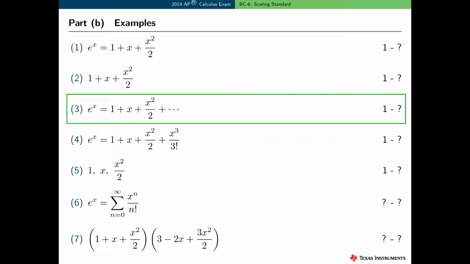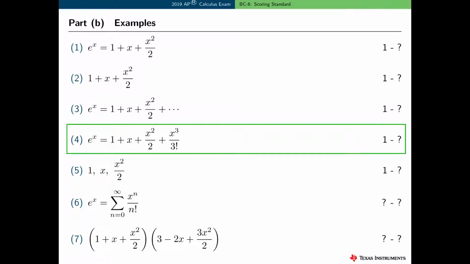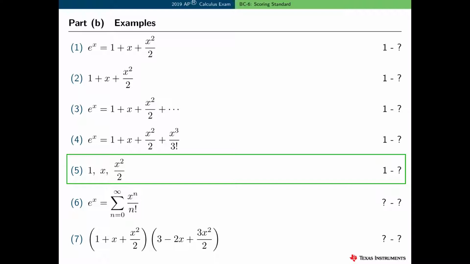In example 3, the 3 dots indicate more terms, but we read only the first 3 non-zero terms. So this earns the first point. Similarly, in example 4, there is an extra term, but the first 3 are correct. This earns the first point. In example 5, the 3 terms are listed, not part of a sum, and that's okay. This earns the first point.